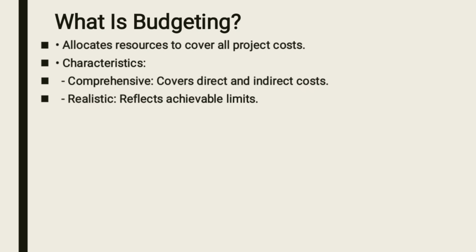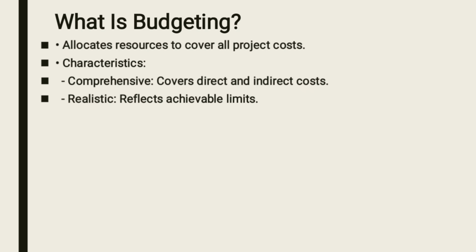If we're talking of direct costs, let's say you are having a construction project. You are buying things like cement, which will be used directly on your project. That is a direct cost. You are paying wages to the laborers who are doing the actual work. That is a direct cost. If we're talking of indirect costs, an example is, at your project, maybe you have an office.